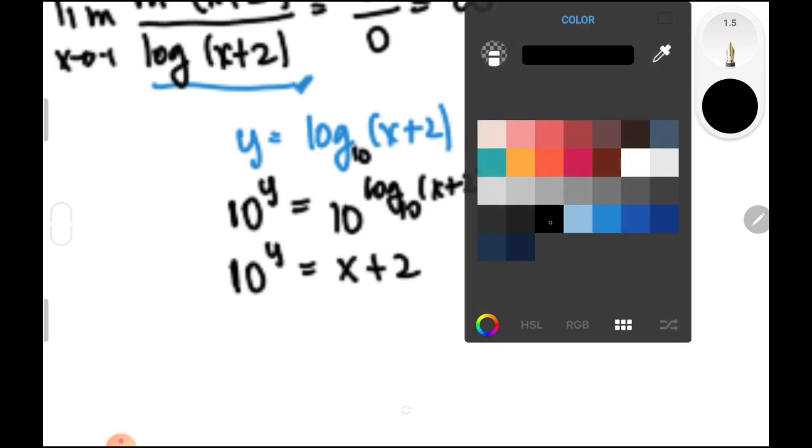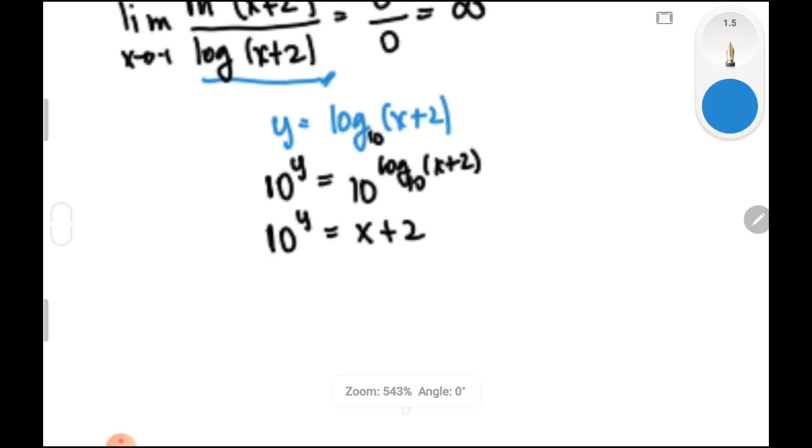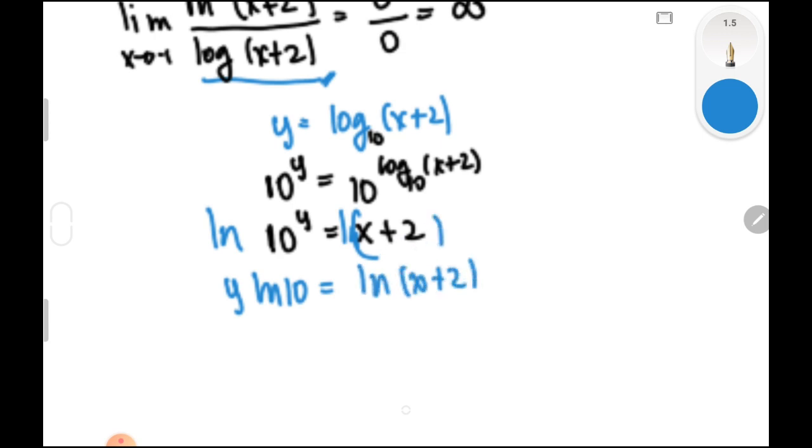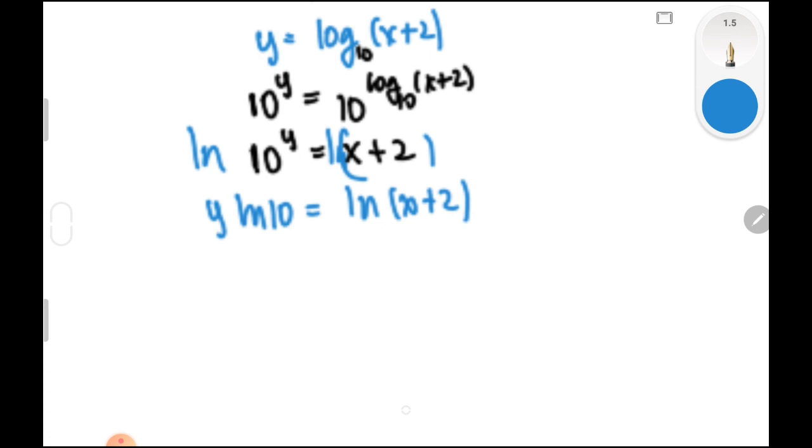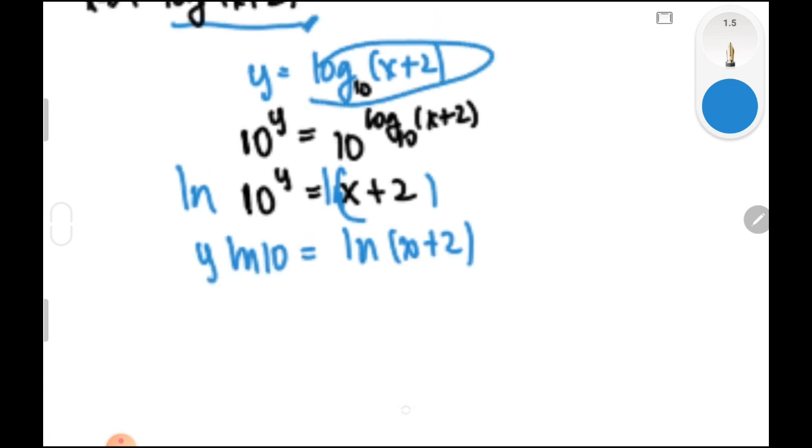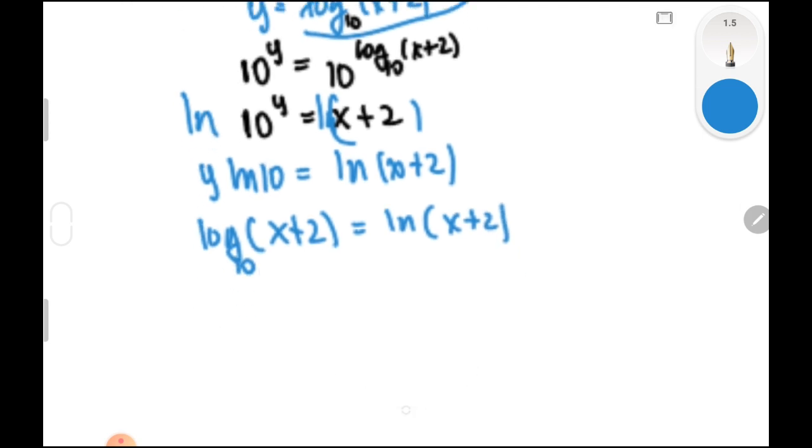Okay, next is kunin natin yung ln nya. Okay, so getting the ln of these values, so you'll have y ln of 10 is equal to ln of x plus 2. Okay, so from that, we may say that my y is equal to log of x plus 2 to the base 10. So we'll have log of x plus 2 to the base 10, which is equal to ln of x plus 2. Ayan.